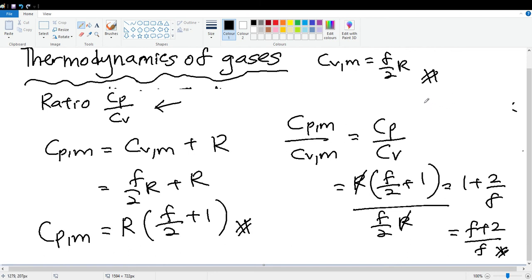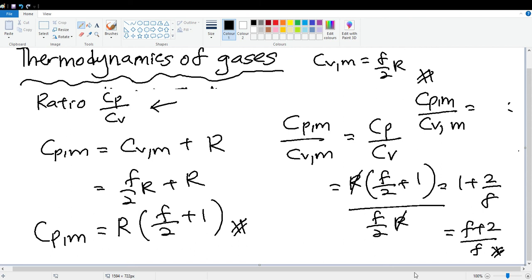Let me write here in case you are not able to remember or understand. This equals the Cp times the Avogadro constant, and this is the Cv times the Avogadro constant.